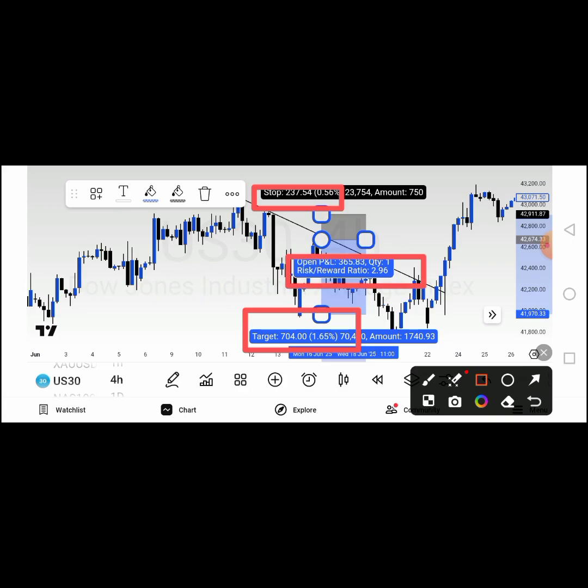That's very, very important. The risk to reward ratio is 2.96. It's like 1:2.96. If it is 3, then it's 1:3. If it is 4.5, then it's 1:4.5. And that is very important.